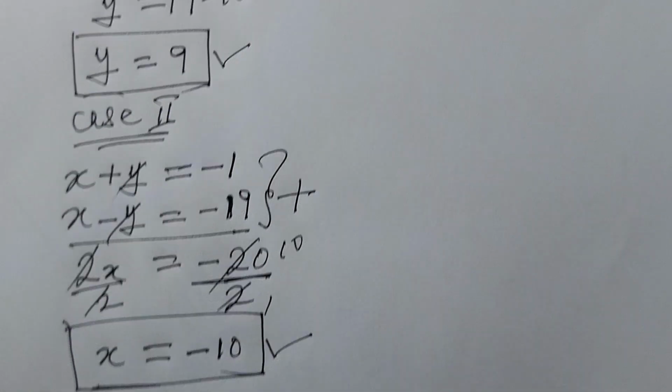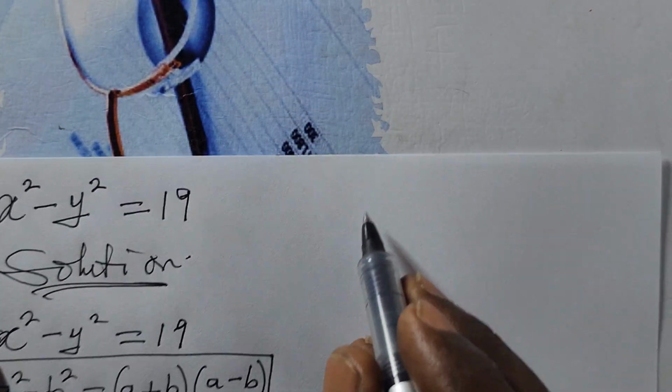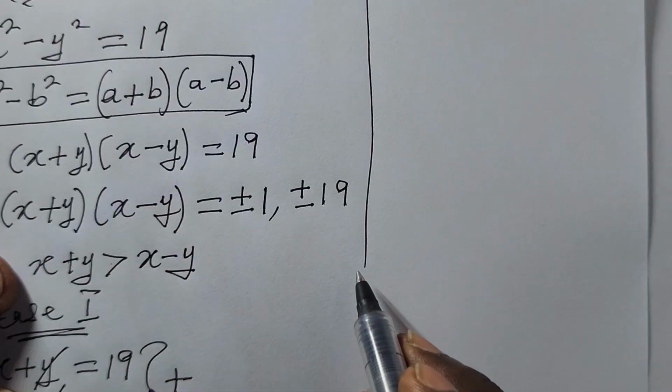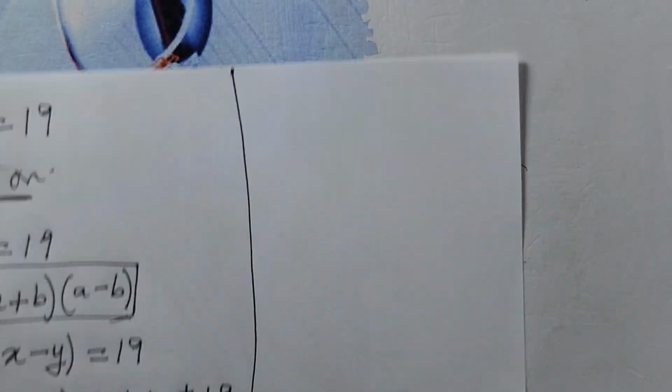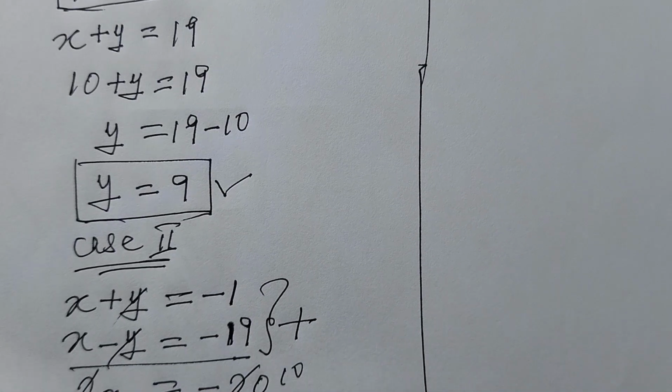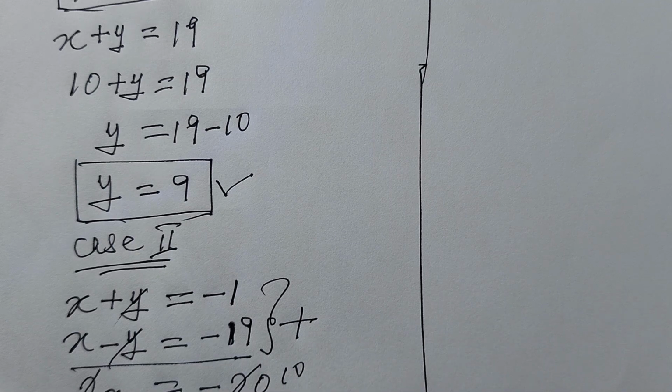Again, we consider equation 2 from the second case scenario. So from my equation 1 here, we're having x plus y equal to minus 1.